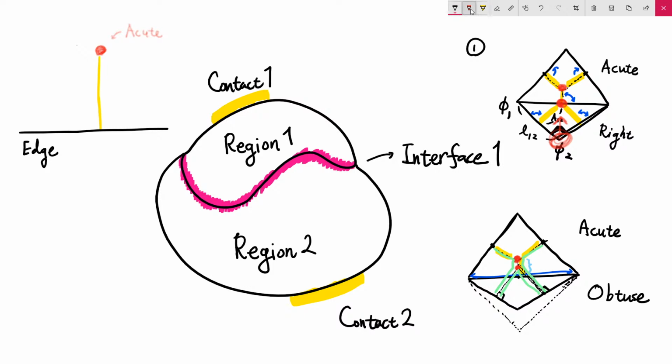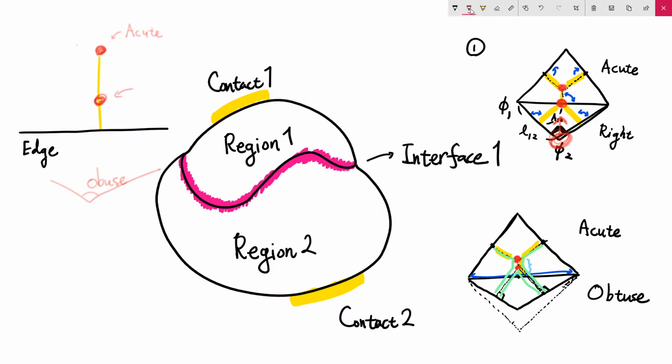But the important thing is, if we have a triangle and this angle is obtuse, sorry, not acute, obtuse, then it is certain that our circumcenter will be located somewhere here.